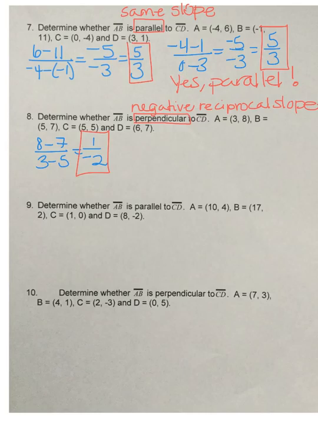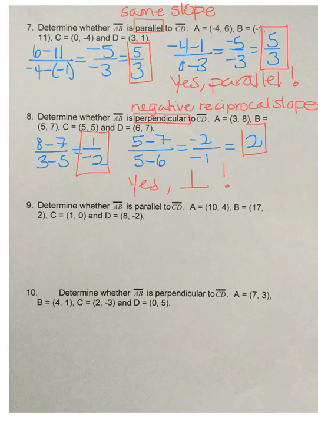So for CD, 5 minus 7 over 5 minus 6 is a negative 2 over negative 1, and that amounts to a positive 2. So positive 2 over 1 is the negative reciprocal of negative 1/2. It's the opposite. It's flipped and it's negated. So yes, perpendicular.